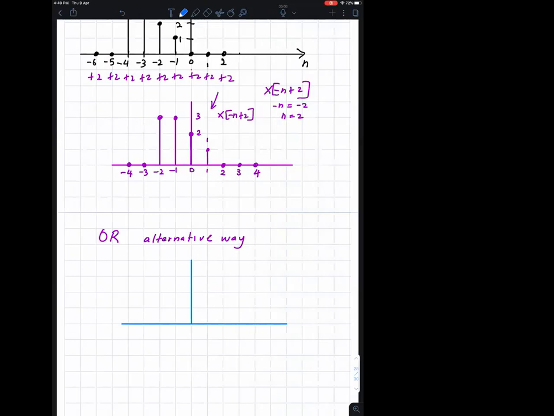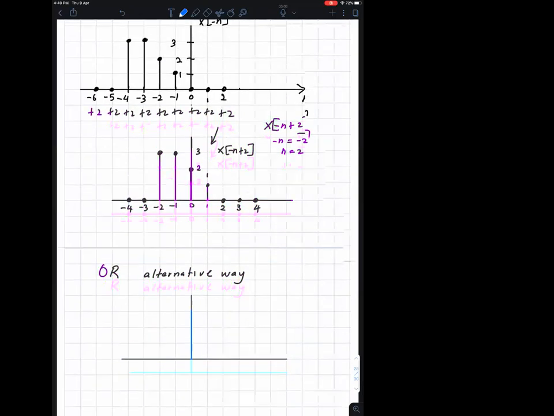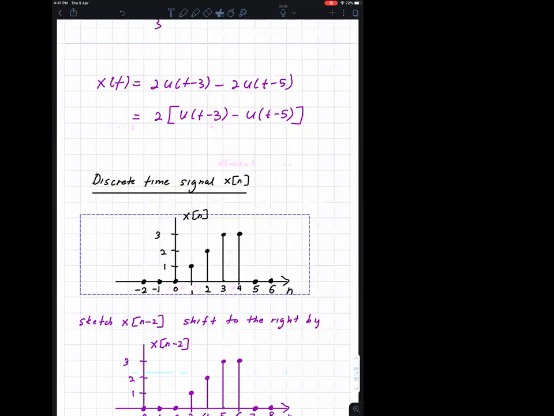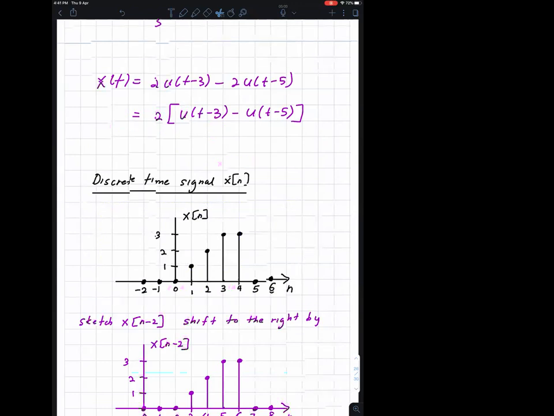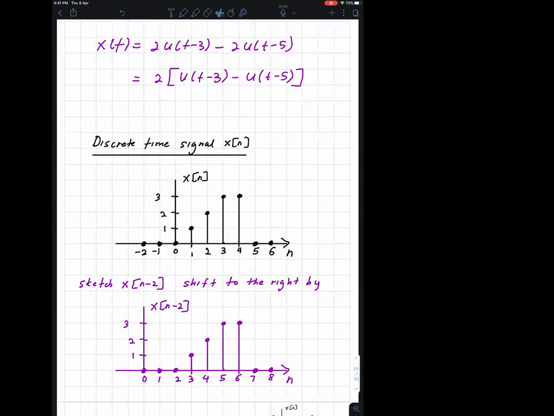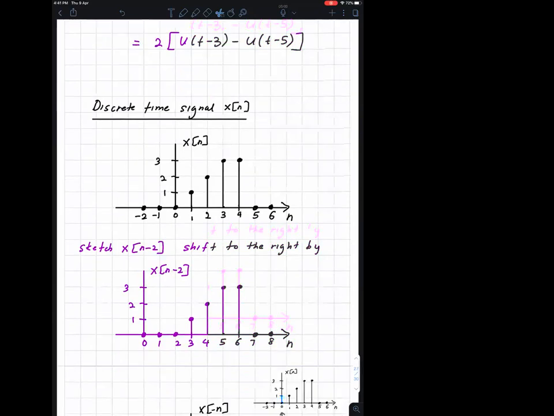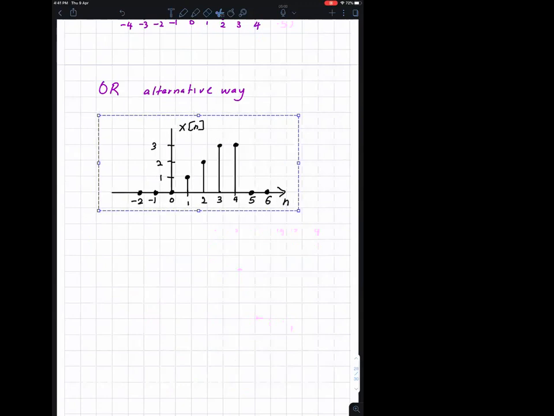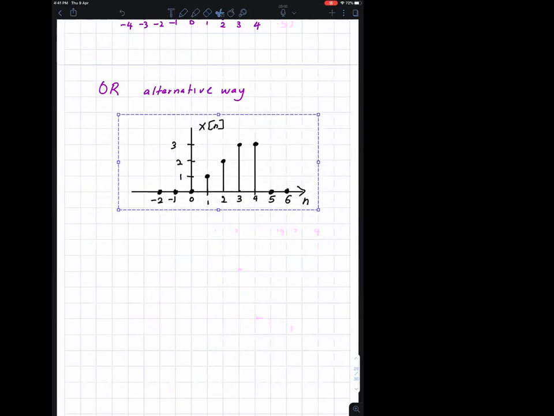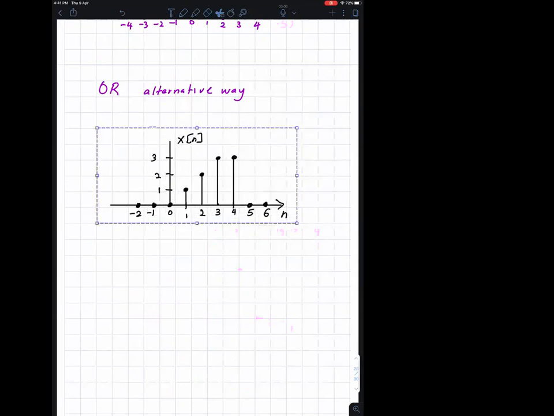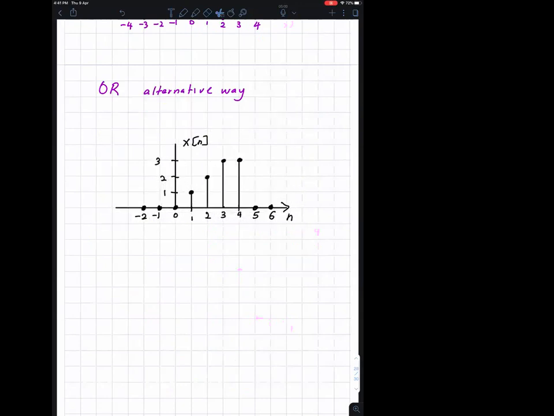Okay, let me bring the original signal for reference. Bear with me, maybe this is the last example that we're going to do. Okay, this is the original signal. So we wanted x of minus n plus 2, right?